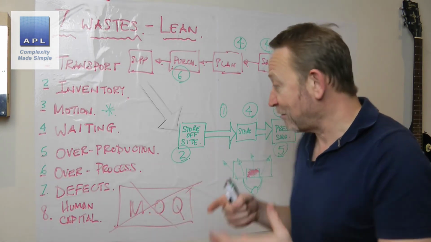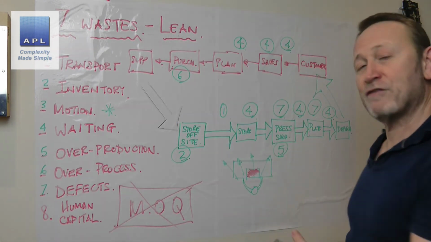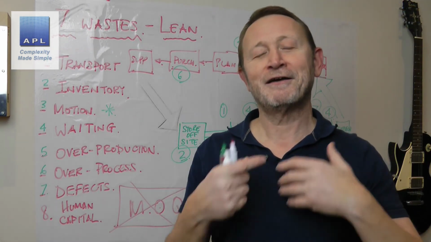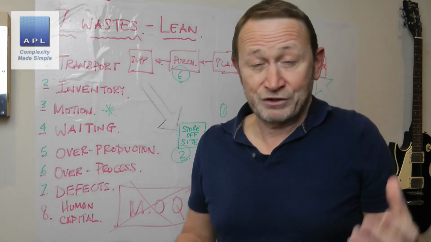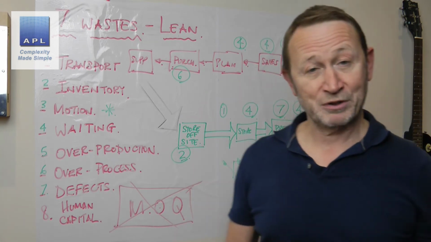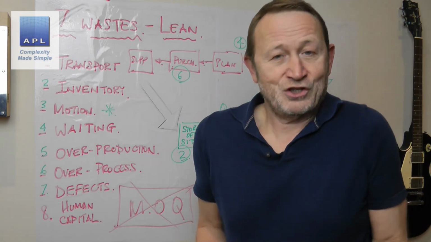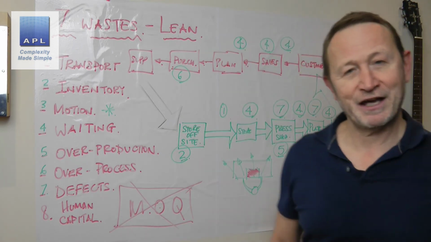If you can tell me how to allocate wasted human capital to the flow of an order through your factory, I'm happy to hear the solution. Or indeed, if you can think of any other waste that I should allocate to this flow. But this is why there's only 7 wastes. I can't find a place for the 8th waste.